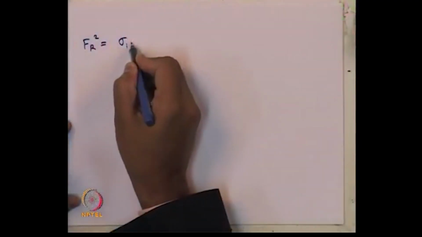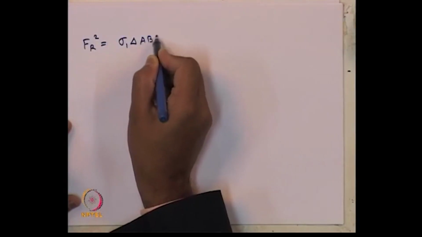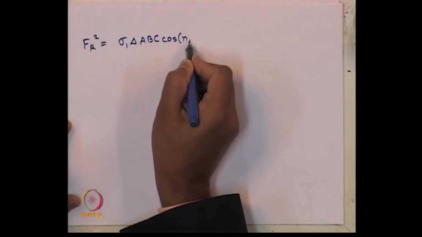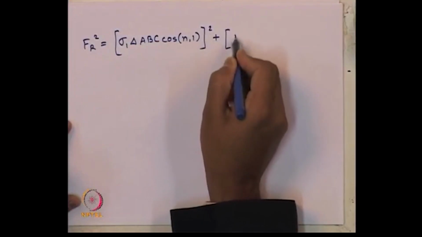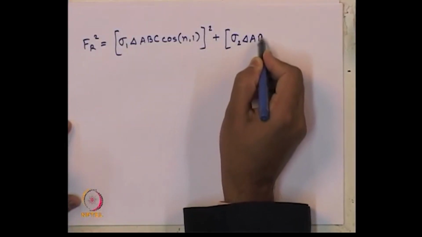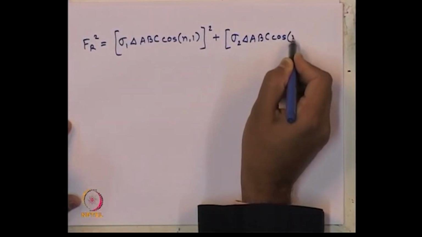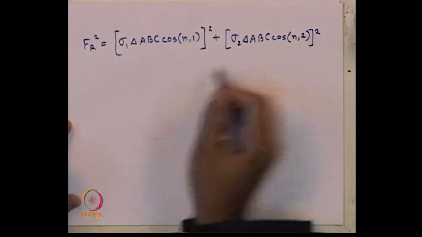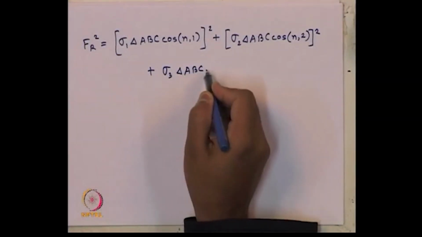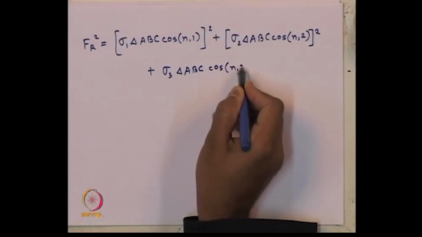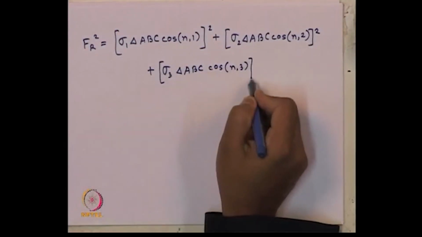On simplification, F r square equals sigma 1 delta ABC cosine of n1 whole square plus sigma 2 ABC cosine of n2 whole square plus sigma 3 ABC cosine of n3 whole square.